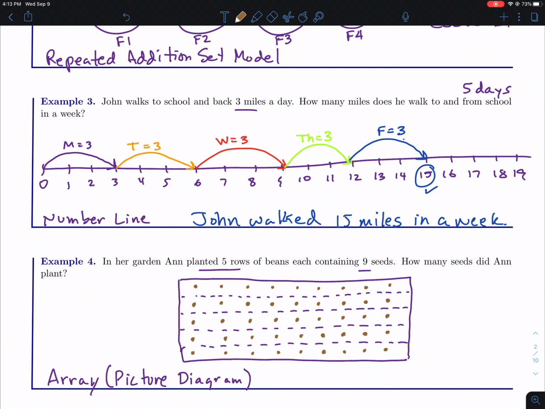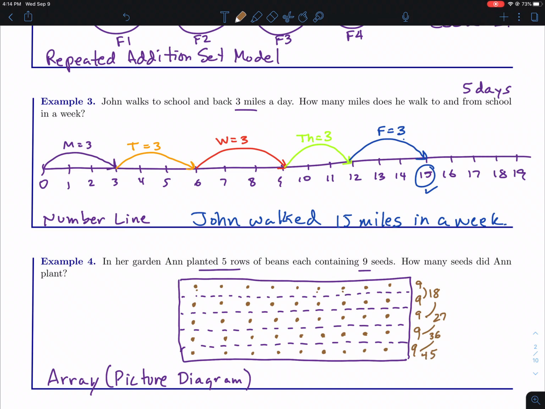So in this case, we've got 1, 2, 3, 4, 5, 6, 7, 8, 9. So I've got 9 here, 9 here, 9 here, 9 there. So I could go through and do, that gives me 18, that gives me 27, 36, and then finally 45.